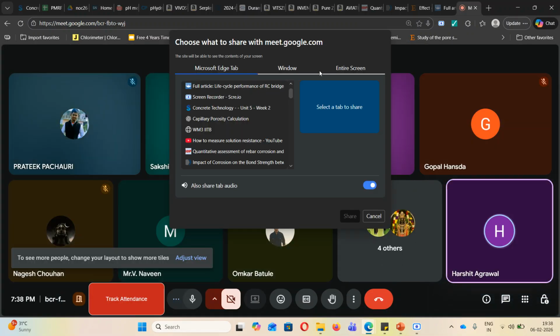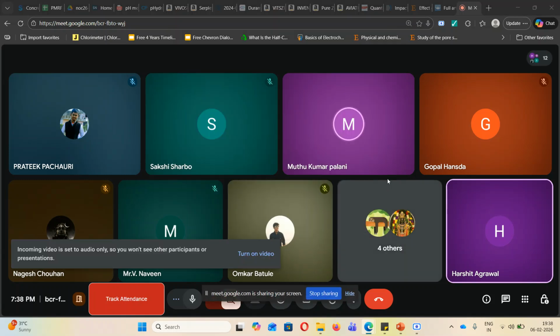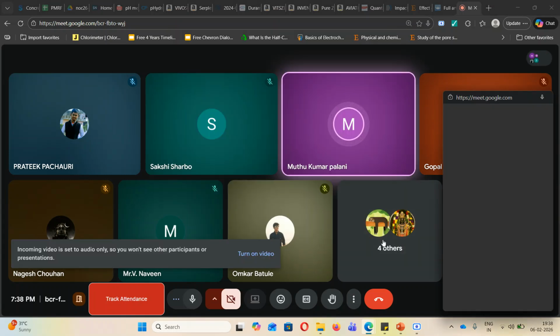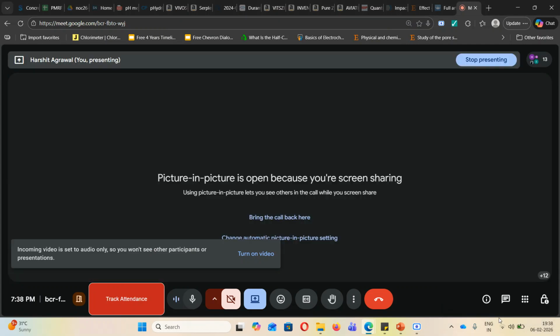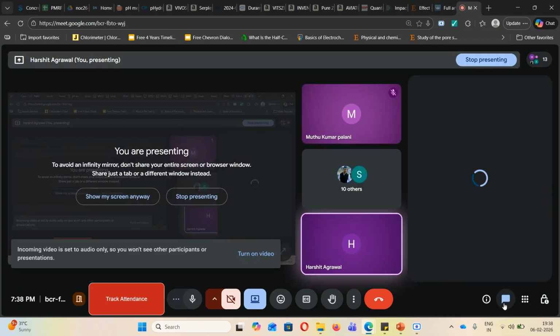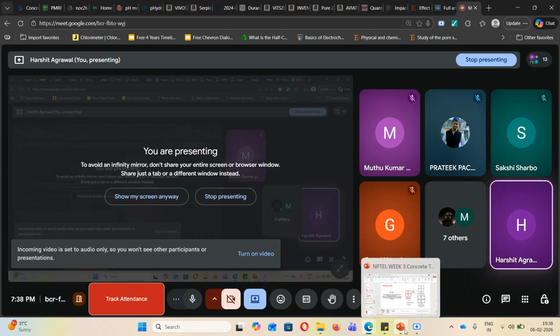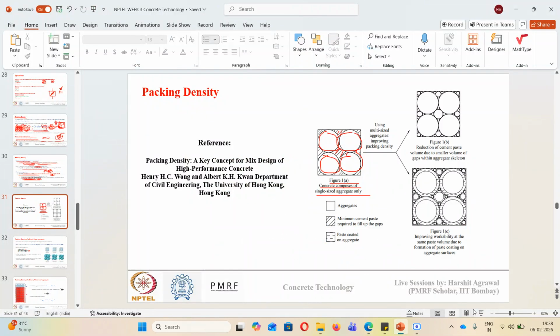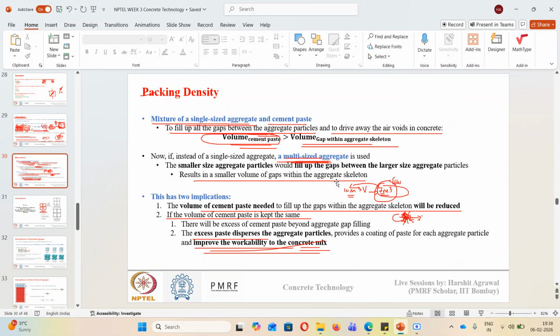Again, there was some network issue. From which slide did it happen? Actually, when I go to slideshow mode, the network issue happens. When I keep it in this mode only, the network issue is not there. Where was I discussing? This slide? Yes, this one.